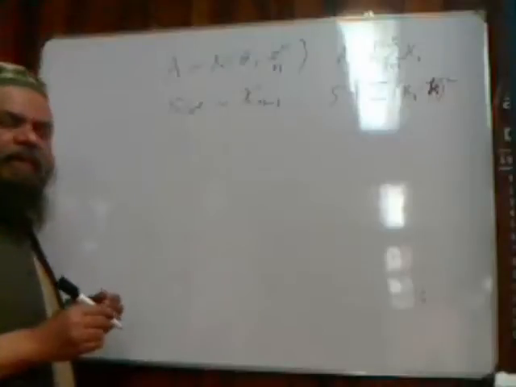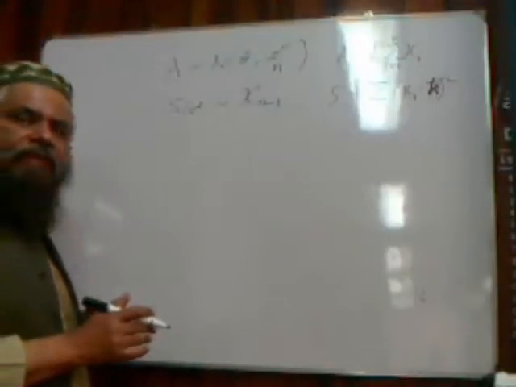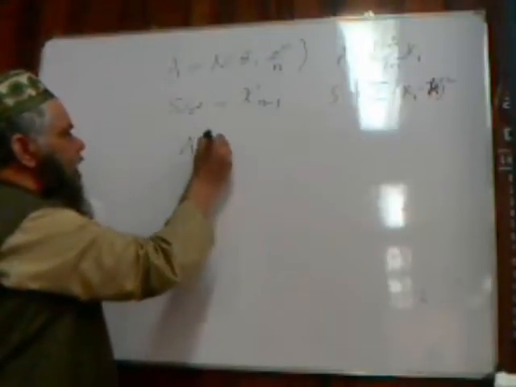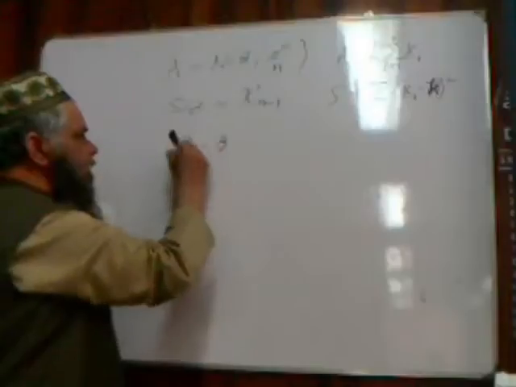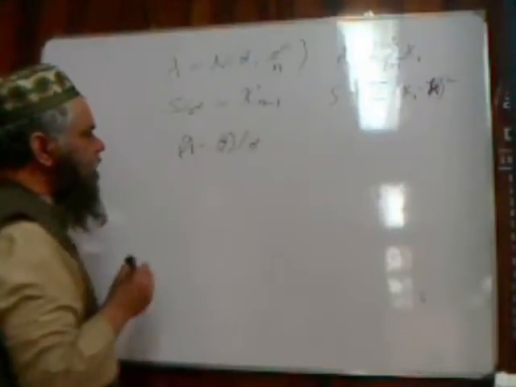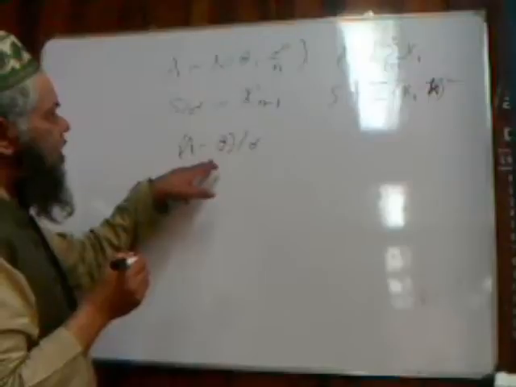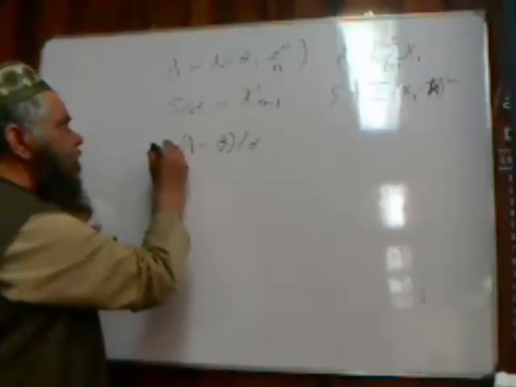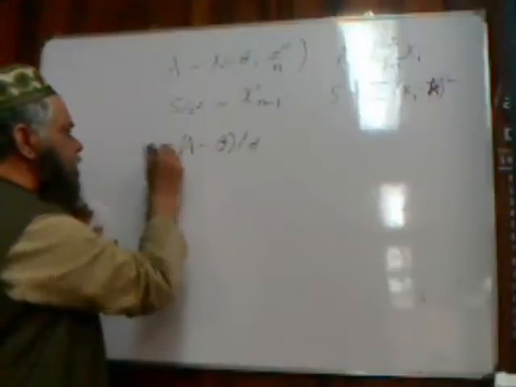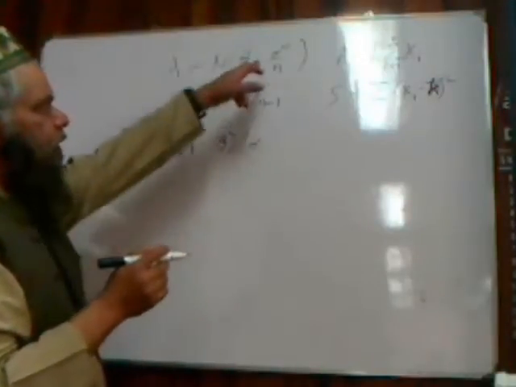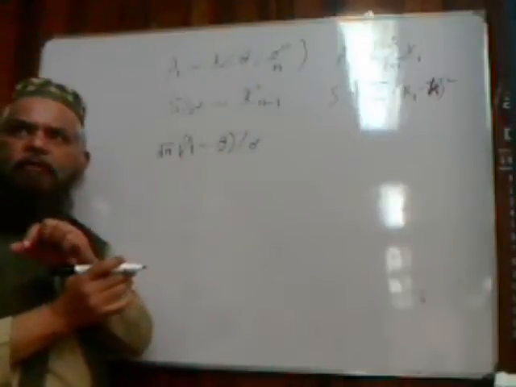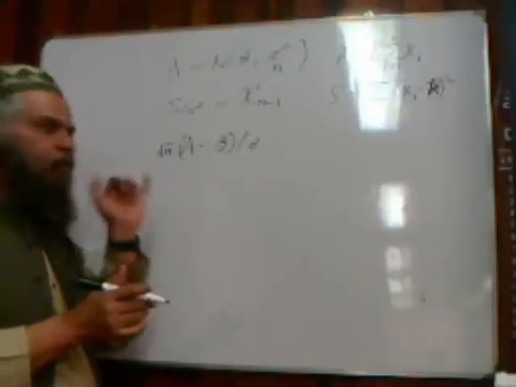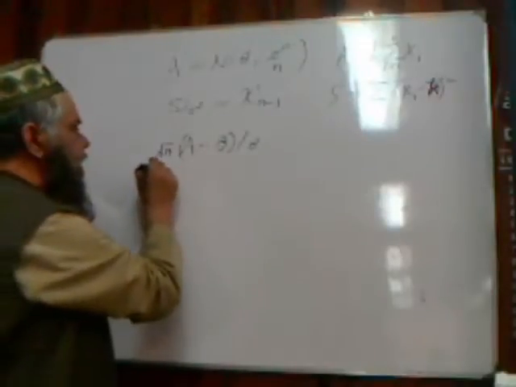Now for inference in the classical, conventional framework, we need a pivotal statistic. So what we have is A minus theta divided by sigma, times the square root of n. Because sigma squared over n is sigma over square root of n, the SE, so when I divide by sigma over square root of n, I get this.